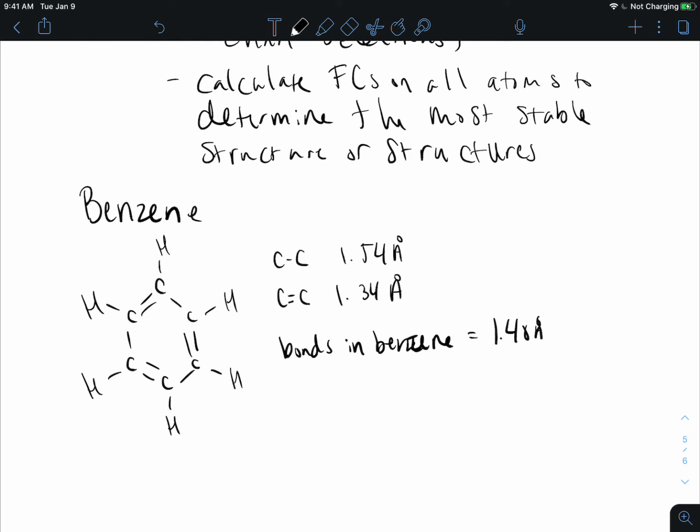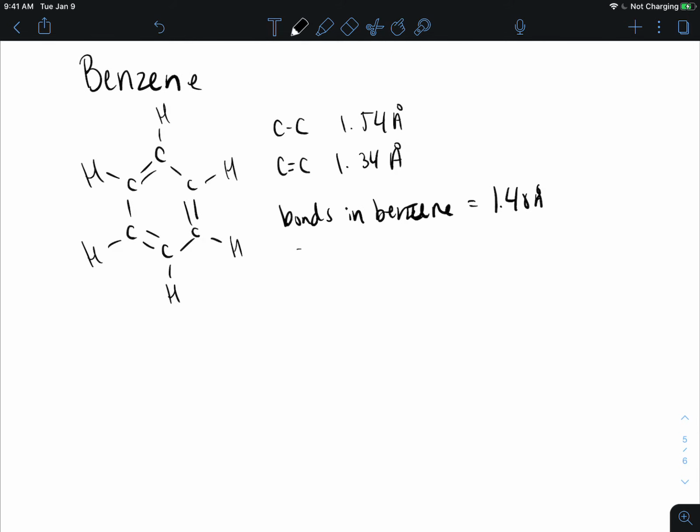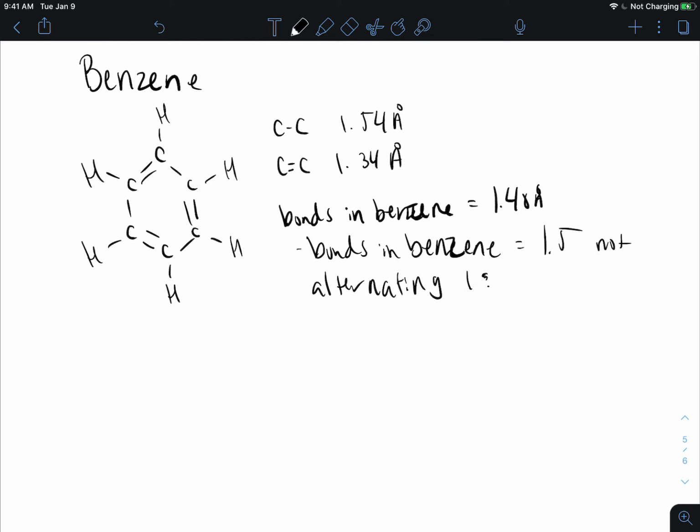So we'd say that all the bonds in benzene are actually 1.5 bonds, not alternating single and double.